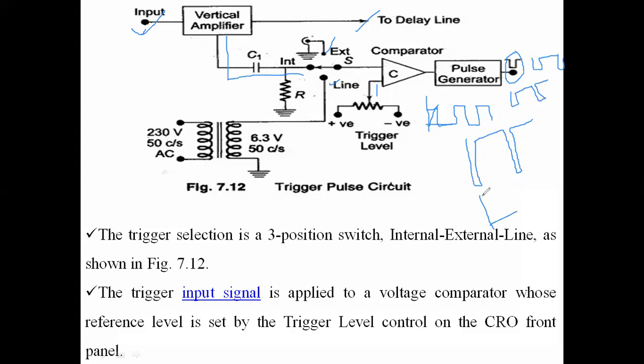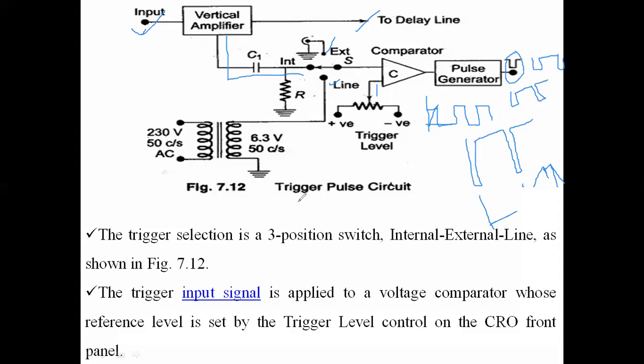When the trigger pulse is applied, it discharges, and again it becomes positive and holds until the next trigger pulse is applied, and after that it discharges again. Like this, it produces the input trigger pulses for the triggered sweep generator.